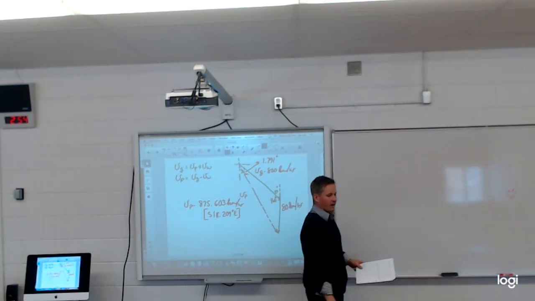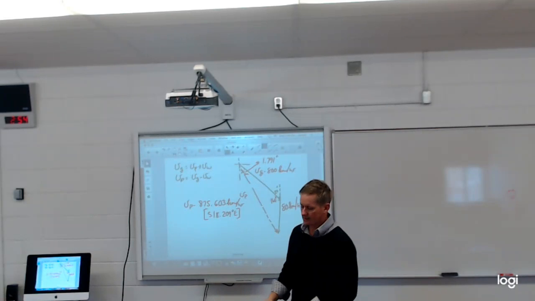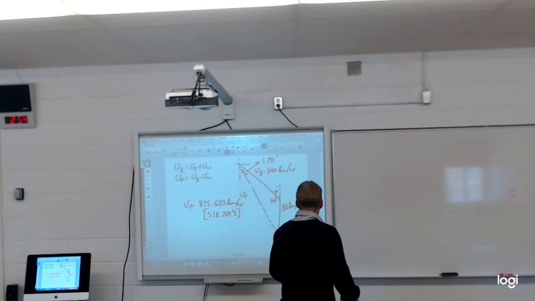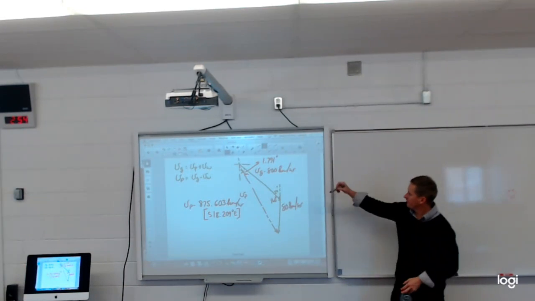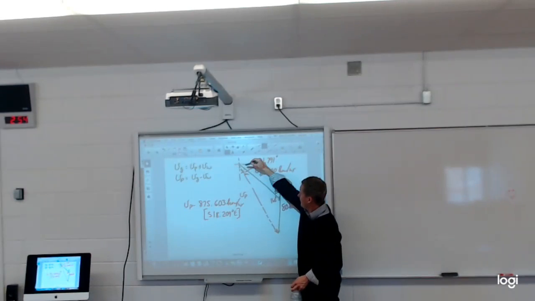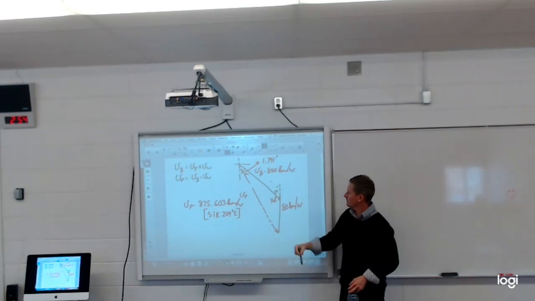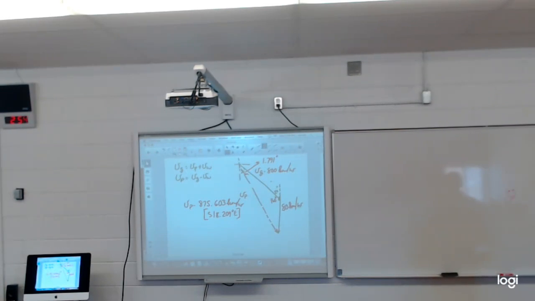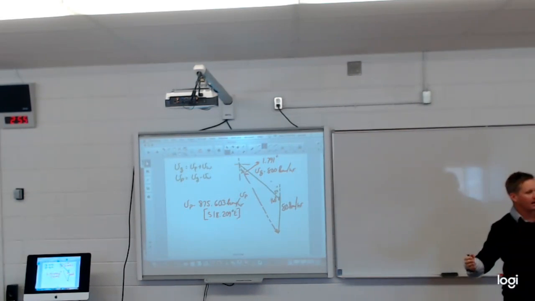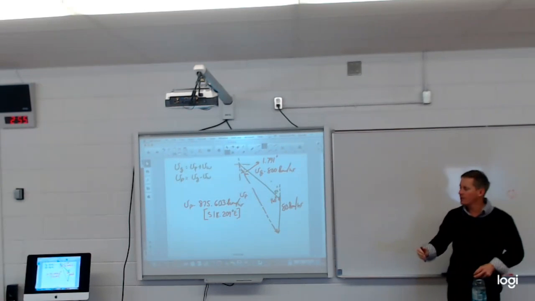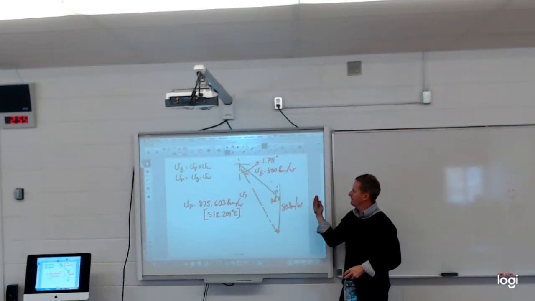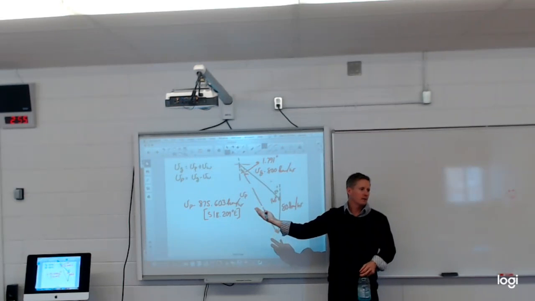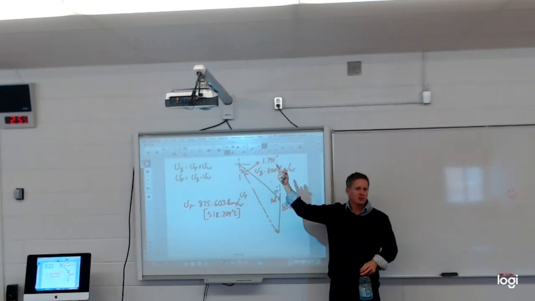Okay, now again, my question to you is this. He wants to fly from there to there, right? And if he wants to fly there, he's got to fly into the wind to end up there. So is he going to have to fly faster or slower than what the straight arrow one was?